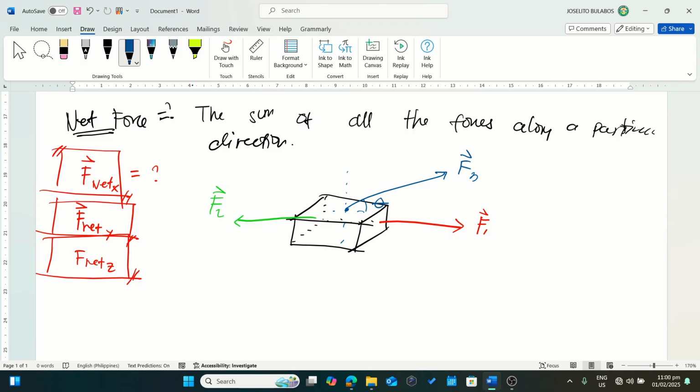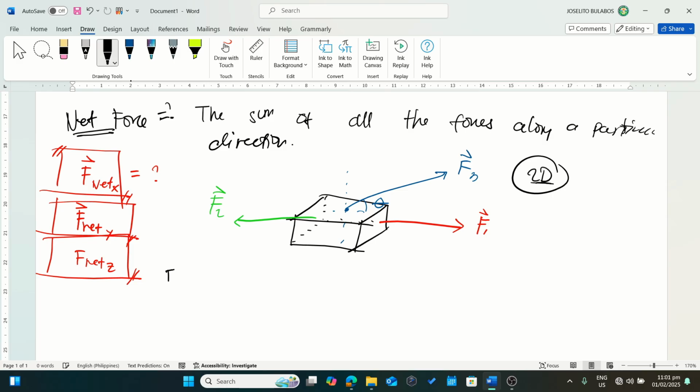If we want to know the net force, let's say we will focus here only on two dimensions. We will have to get the sum.